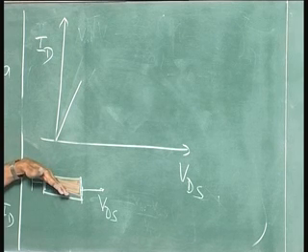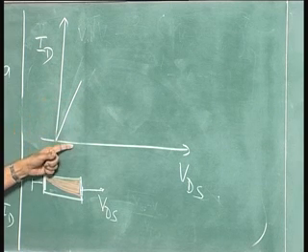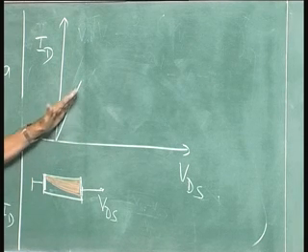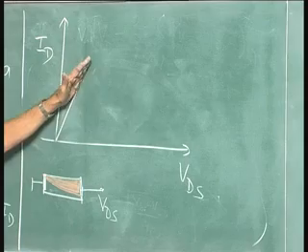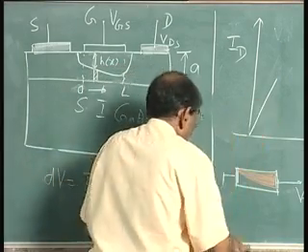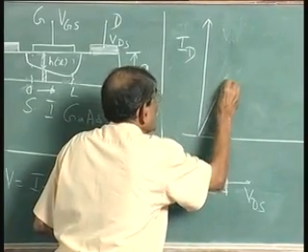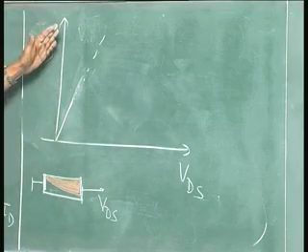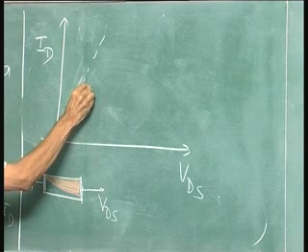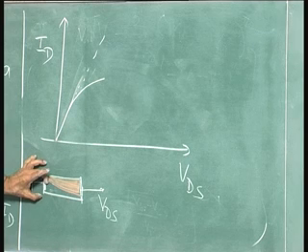If the resistance did not increase, ID would increase linearly with voltage. Since the resistance increases, ID will not increase as much; it will continue to increase, but non-linearly. Instead of increasing linearly like that, it does not increase that much. It goes non-linearly because this resistance keeps on increasing.